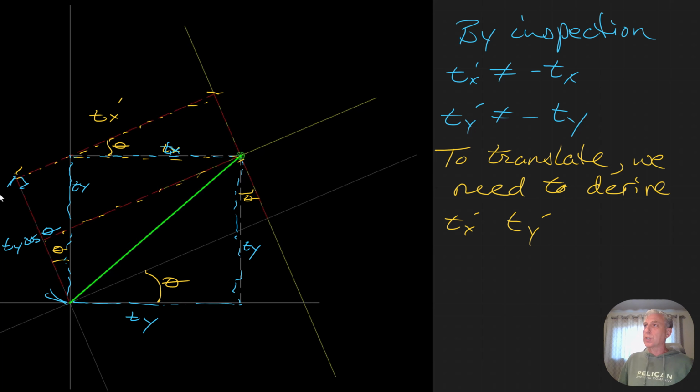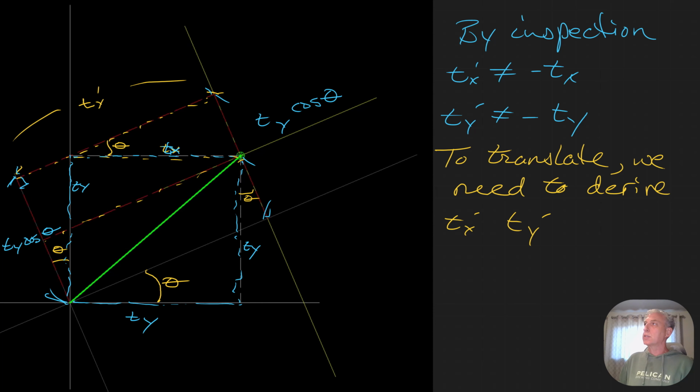And what we're interested in is getting this distance and this distance, right? So that means that this whole distance here is Ty cos theta. All right, likewise, let me move that Tx prime up. So Tx prime is from there to there.